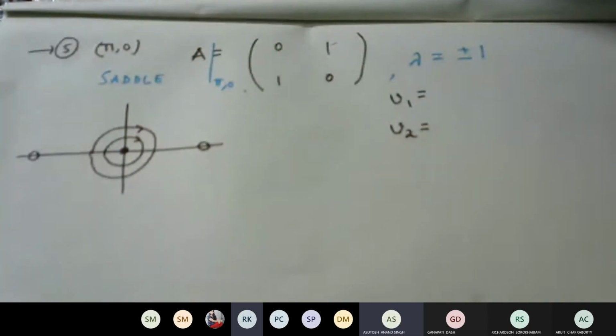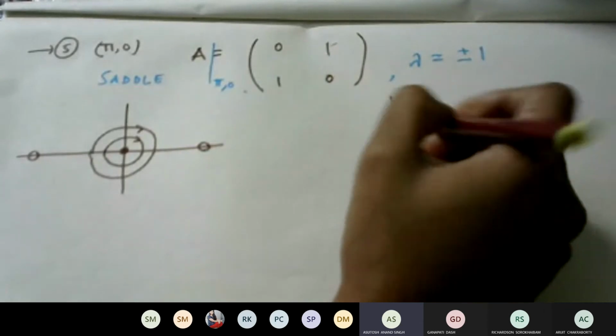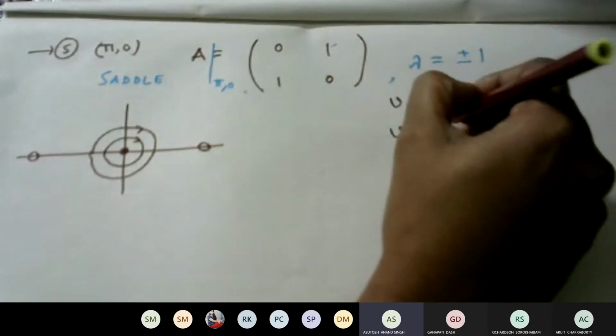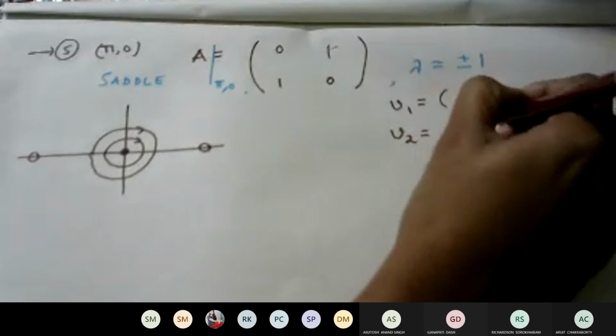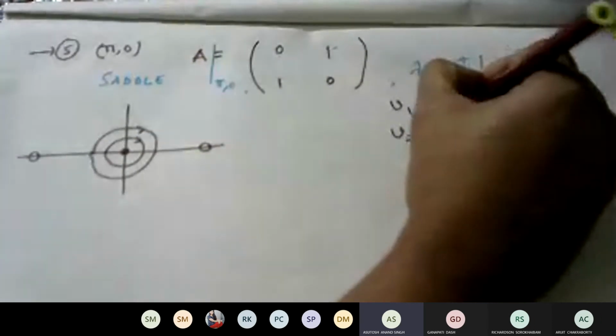For plus 1 it is 1, 1. Okay. And what about the other one? For minus 1, it is 1, minus 1. Very good.